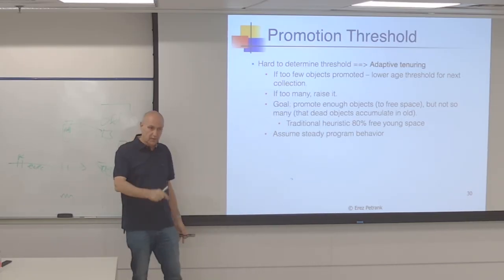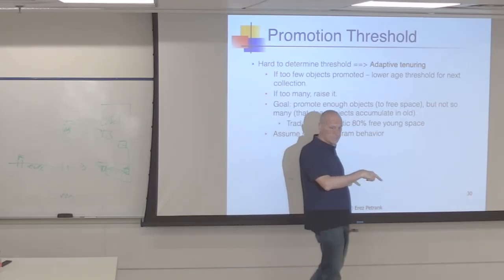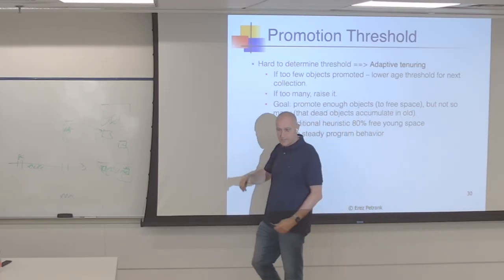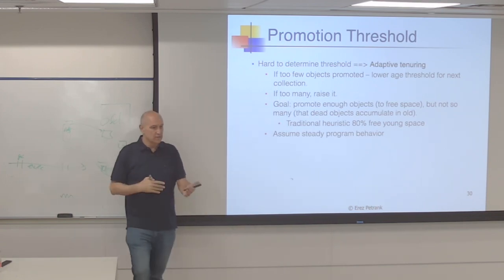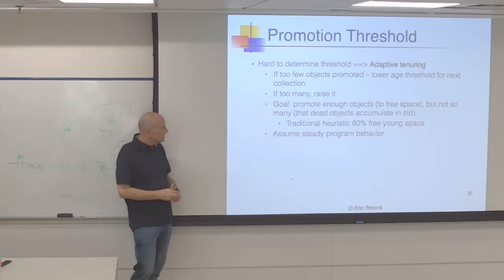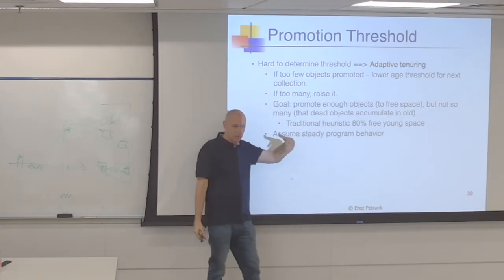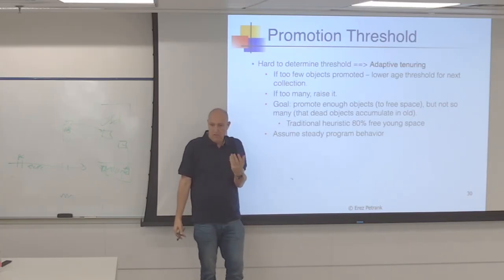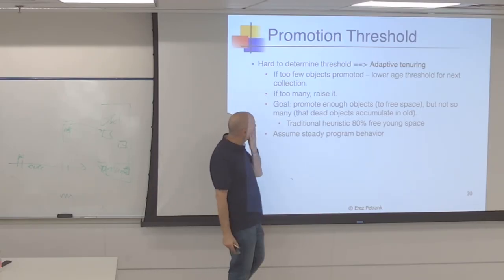I'm going one object after the other, and I have to decide where to put them, to leave them in the same generation or to promote them to the next generation. So I don't have an overall view of how many were promoted and how many remained. And so sometimes we want to do adaptive tenuring to decide how many to promote, but we just don't know what's happening in the general view.